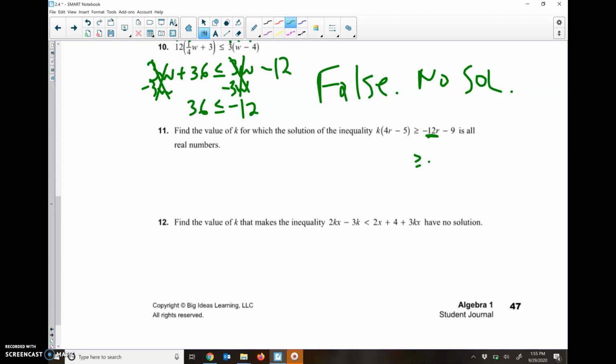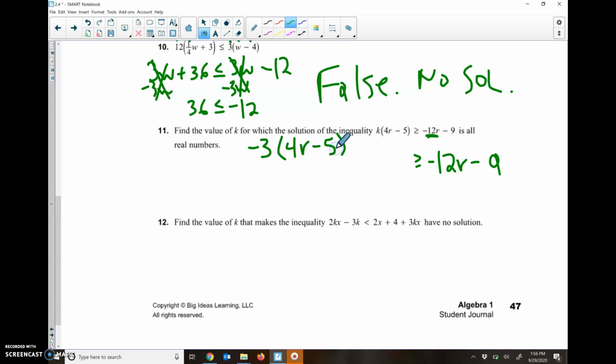So this side already has negative 12r, sorry. So I need to make the left side have a negative 12r. Well, I already have a 4r here, so what does k need to be in order for me to have a negative 12r on the other side? And so the answer is going to be, it needs to be a negative 3.